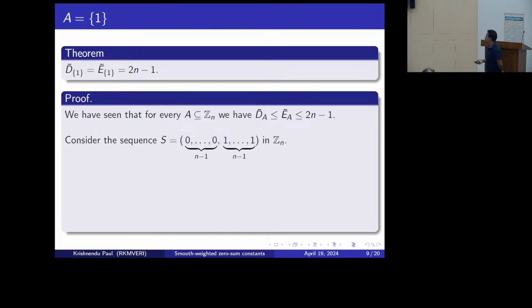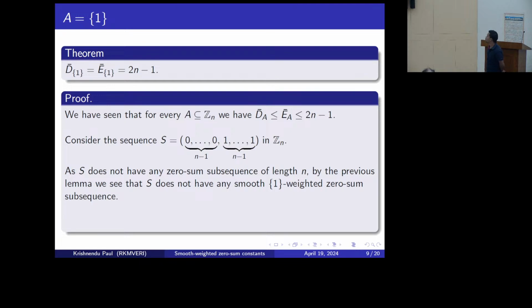For the lower bound, consider the sequence of n minus 1 zeros and n minus 1 ones. First of all, as the weight set is 1, any zero-sum sequence cannot contain 1, because there are n minus 1 ones, so we cannot get any zero sum among the ones, so it must contain only 0.